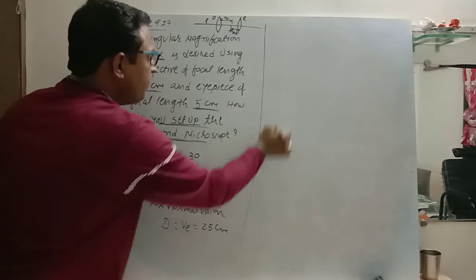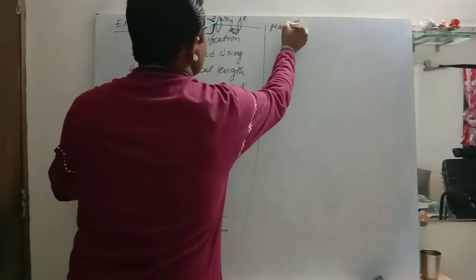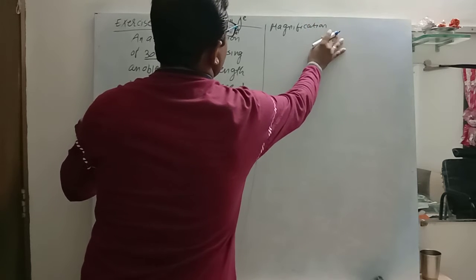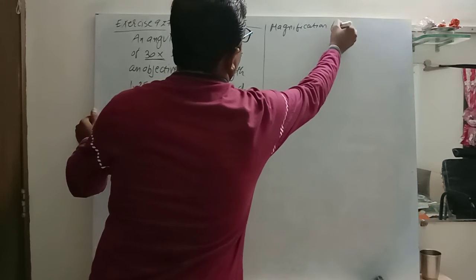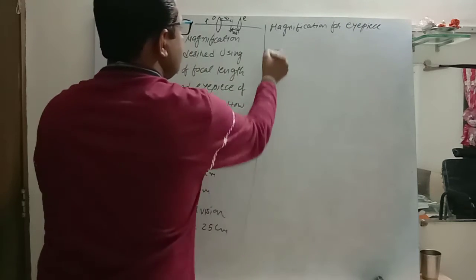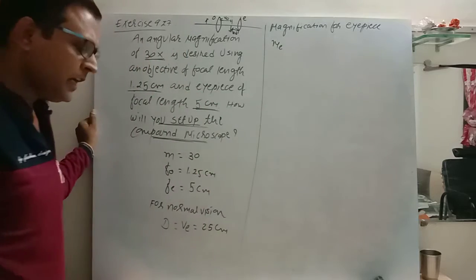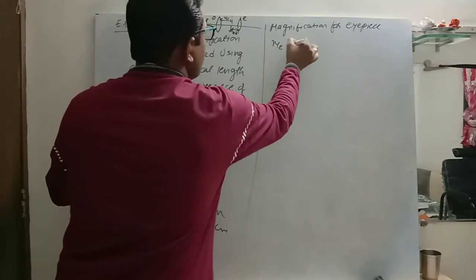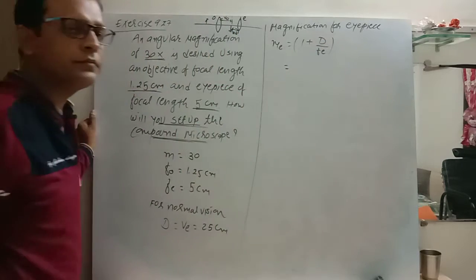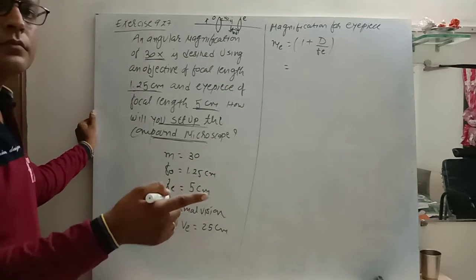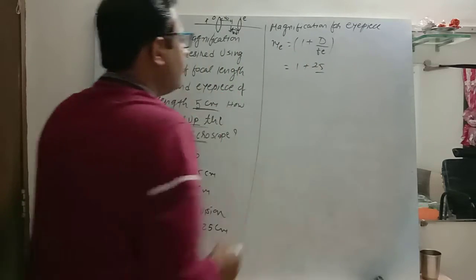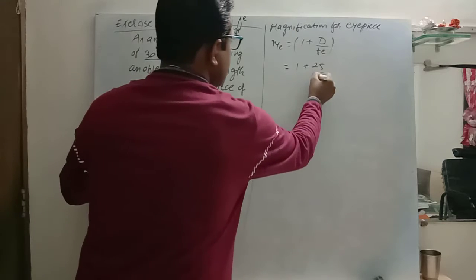Magnification for the eyepiece, that we can say ME, for normal vision is 1 plus D upon FE, that is 1 plus 25 upon the focal length of the eyepiece, which is 5.